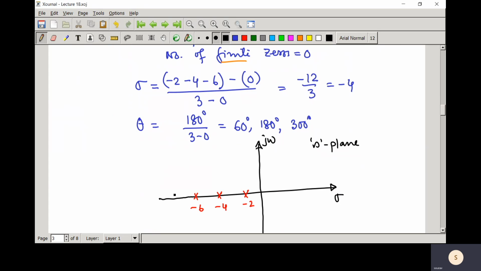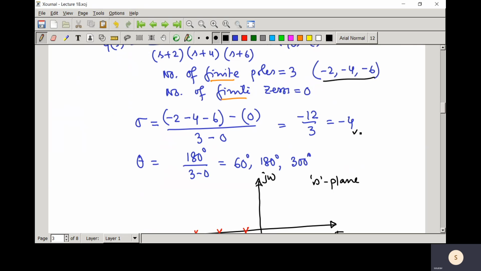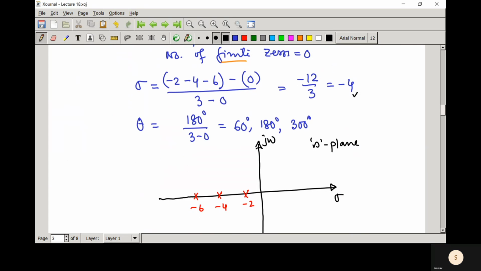And then you can see the location of the centroid, that is at -4. This is the point of the centroid, and there are 3 asymptotes: 60 degree, 180 degree and 300 degree. One asymptote is with angle 60 degree, another is 180 degree, and the 300 degree is this one.